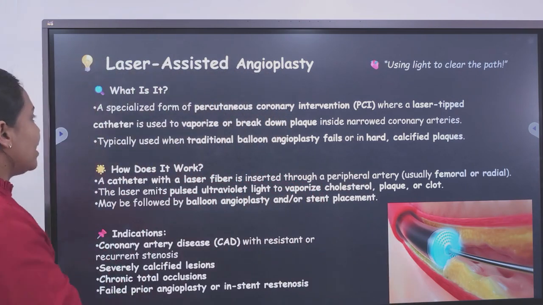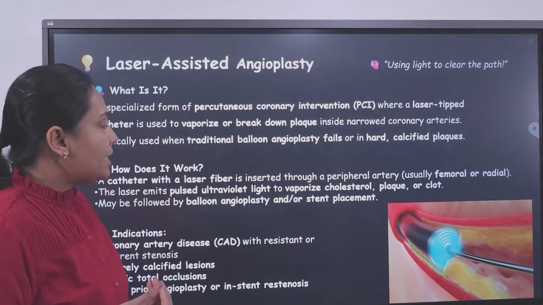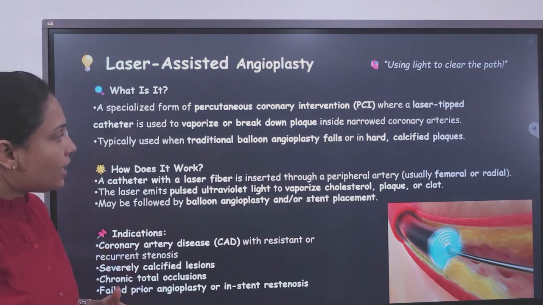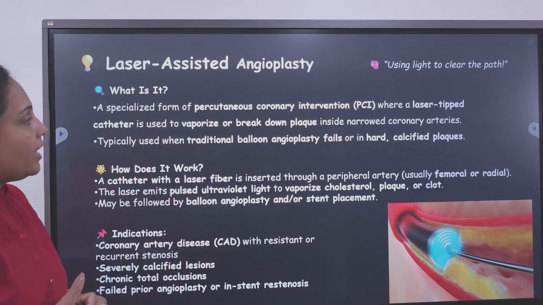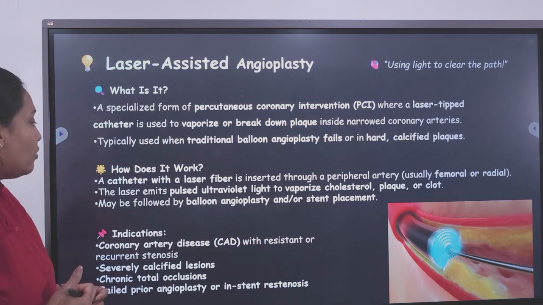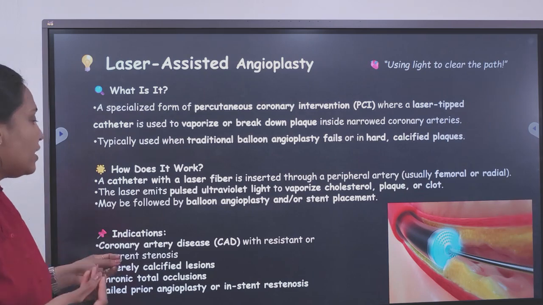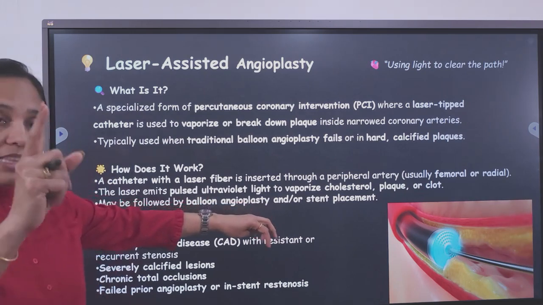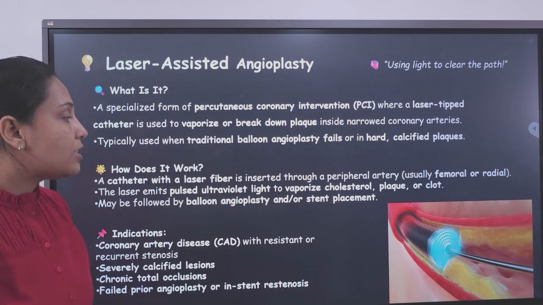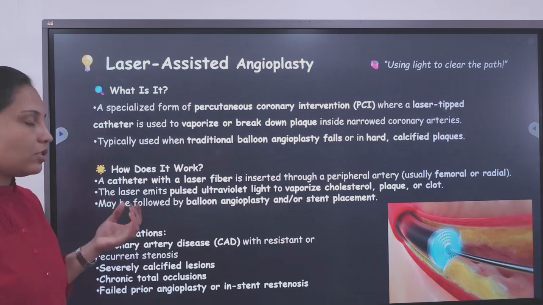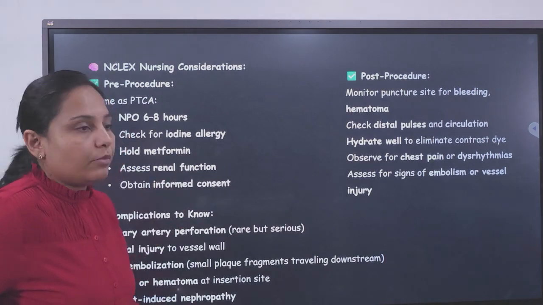So laser angioplasty is a specialized form of percutaneous coronary intervention where a laser tipped catheter is used to vaporize or break down the plaques inside the narrowed coronary arteries. So how does it work? A catheter with the laser fiber is inserted and it is going to produce lots of heat, pulsed ultraviolet light, and with that light it is also going to vaporize these cholesterols. किस में हम यूज कर सकते हैं? तो सेम इंडिकेशंस, कोरोनरी आर्टरी डिजीज, there is artery stenosis, lots of calcification, उसमें हम यूज कर सकते हैं. ठीक है.